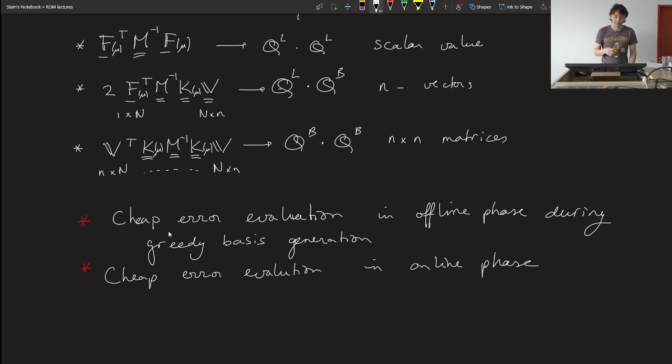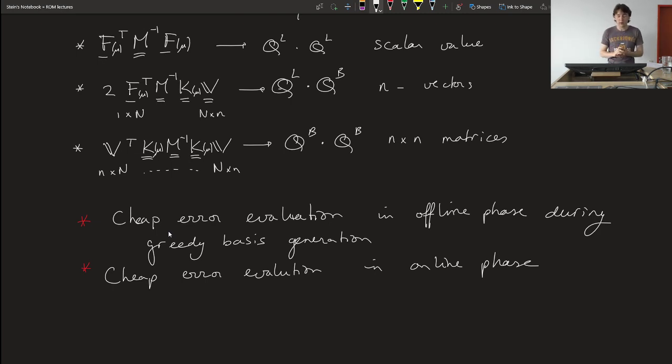And that meant that you will be able to make the claim that my complete reduced basis method is able to handle this parameterized problem with a maximum error of, and then you would have an error tolerance. But on top of that, because we've pre-computed everything, during an online phase, after you've computed your solution of your reduced basis method at a new parameter point, you can cheaply evaluate what the error is without having to compute the truth solution at that point, and also be able to claim, well, my error is at maximum going to be equal to that.